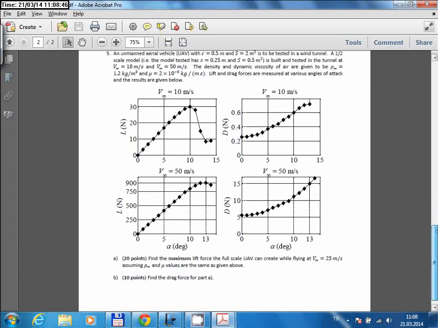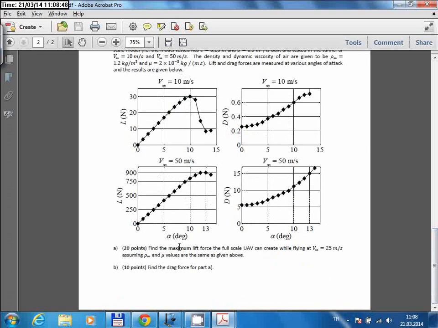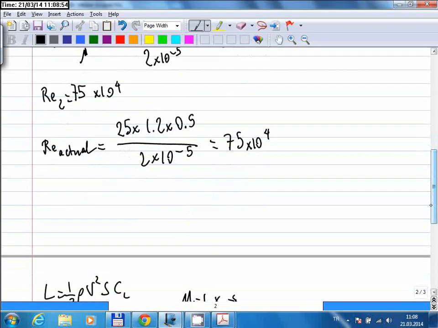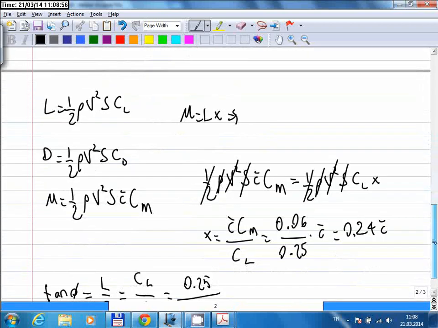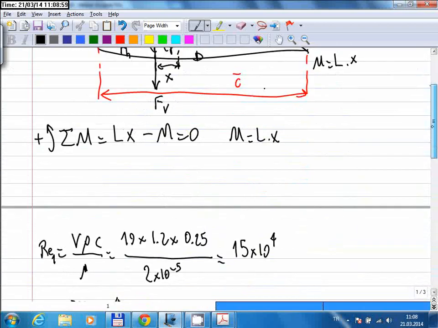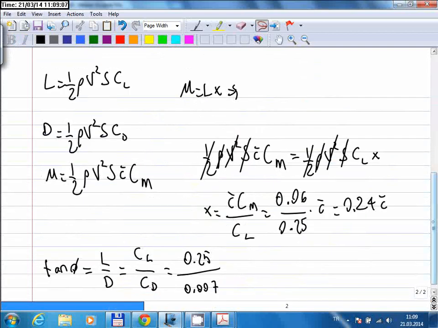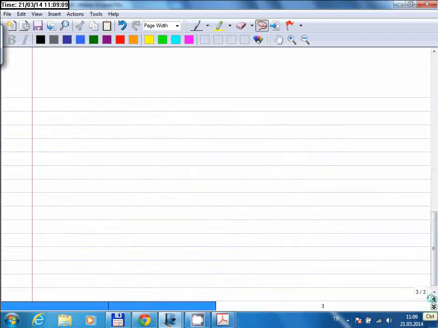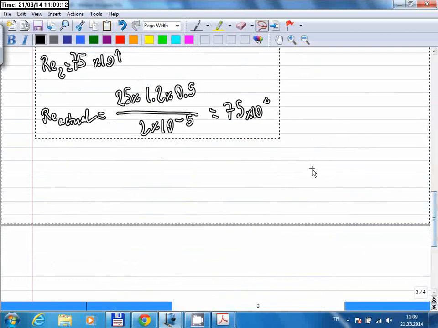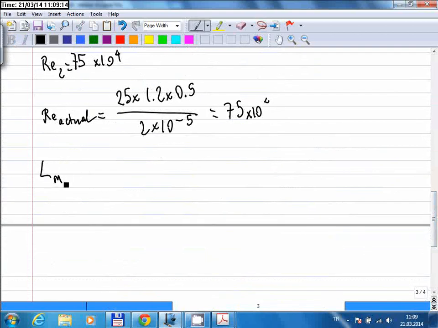Okay, now since we have decided that, let's see what is asked. The maximum lift force. So for the maximum lift force, the air density is given.